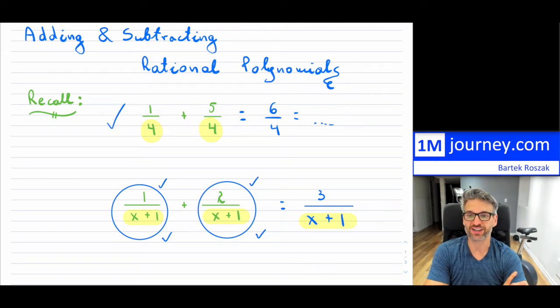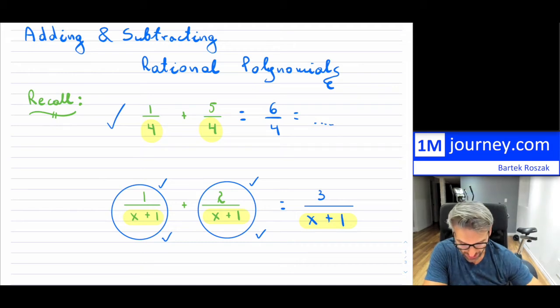So again, if you're very comfortable with fractions in general, it shouldn't be a big leap of faith to do this with rational polynomials, because what you're going to be doing is just finding your lowest common denominators, or sometimes just denominators in general.